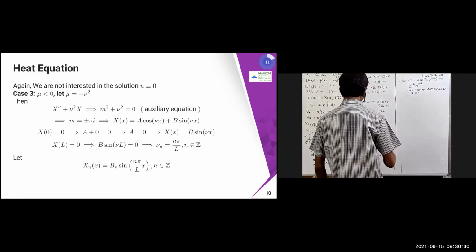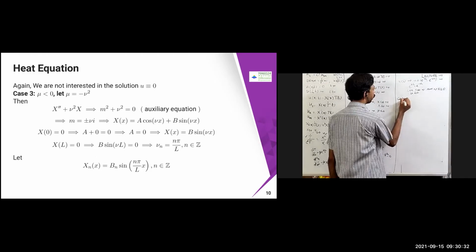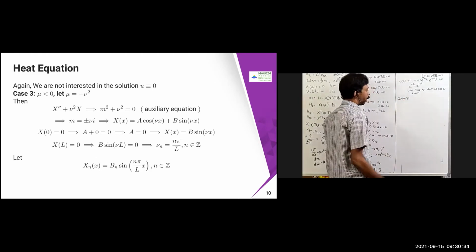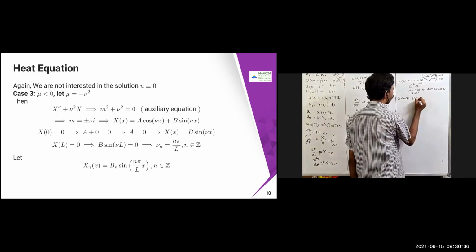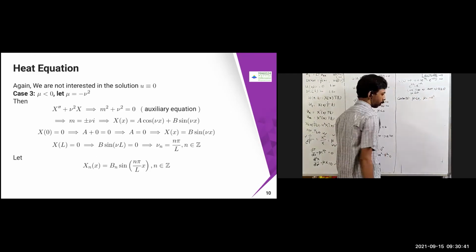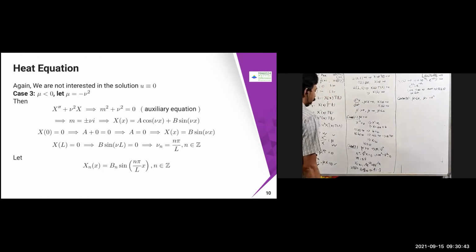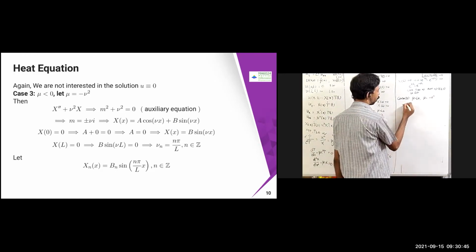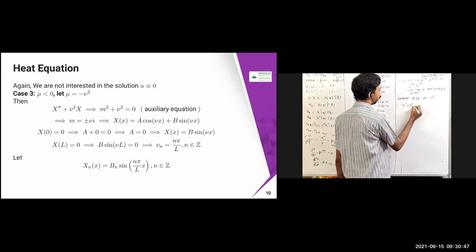Now, last case, case 3, where I'm going to deal with μ less than 0. Therefore, μ can be written as minus ν square, μ is equal to minus ν square. Therefore, the problem is going to become x double dash plus ν square x equal to 0.